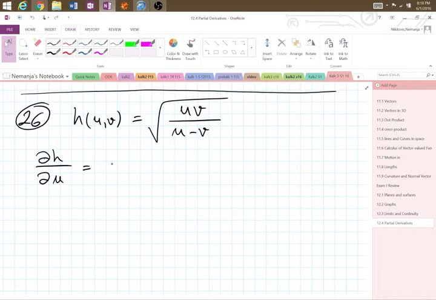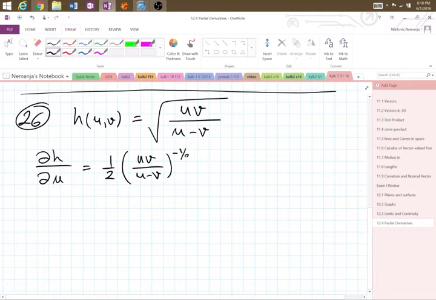So we have 1/2 uv over u minus v to the negative 1/2. So this is the derivative of the square root. And then we have the chain rule, which is the derivative of the inside, which is quotient rule. Very good. So for the quotient rule, I actually don't need the parenthesis.